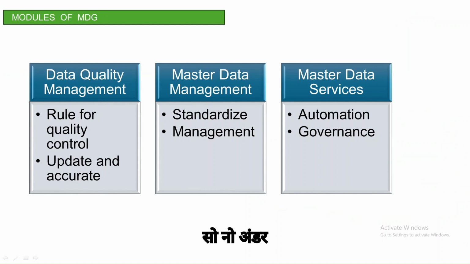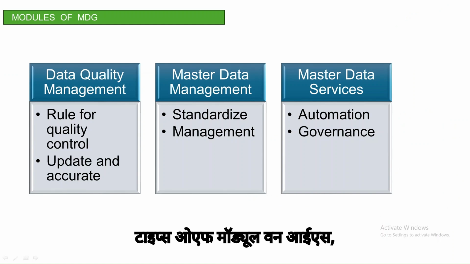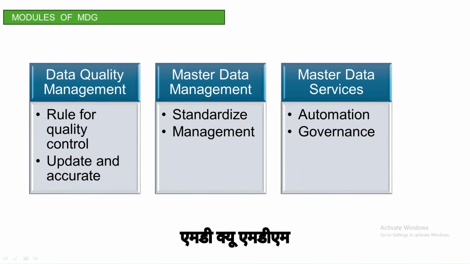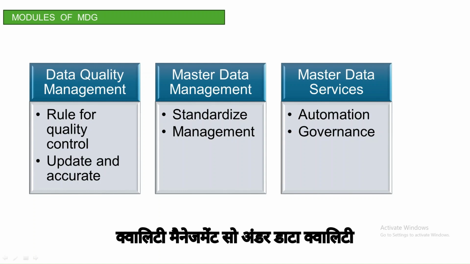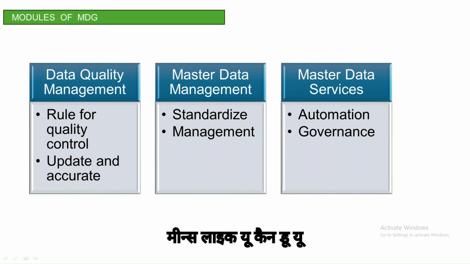Now under master data governance, there are different types of modules. One is MDQ, MDM, MDS. MDQ means master data quality management. Under data quality management, you can create your own rules for quality control, data validation rules, and accuracy checks.